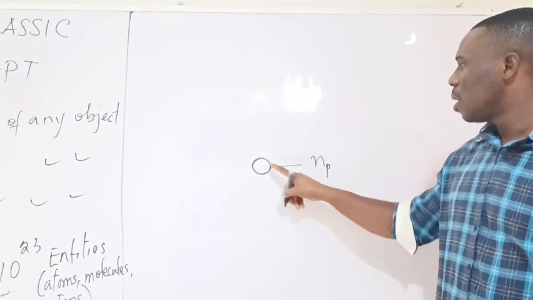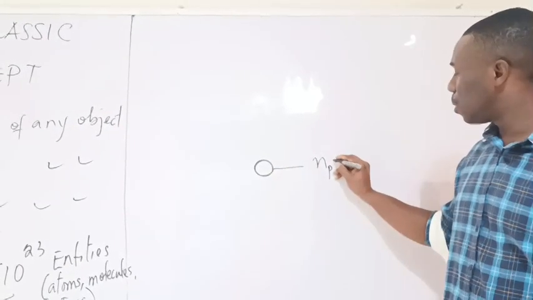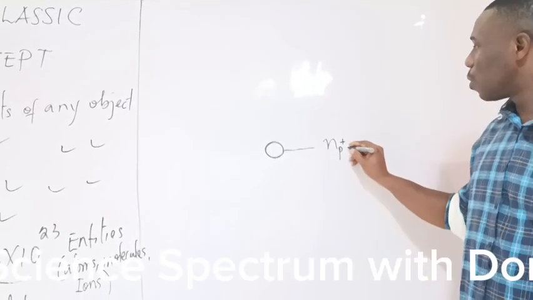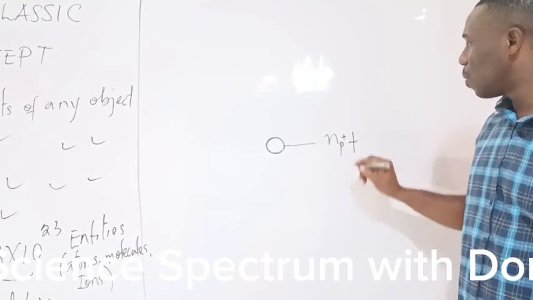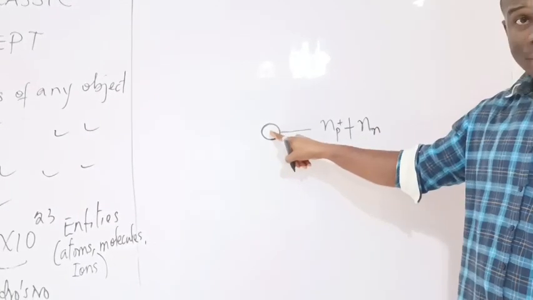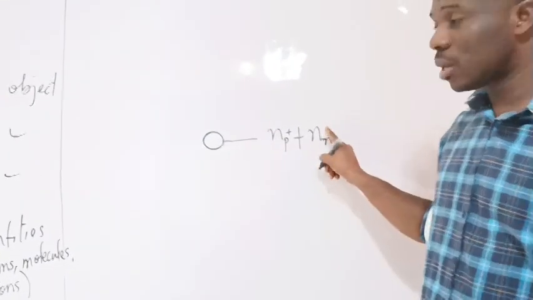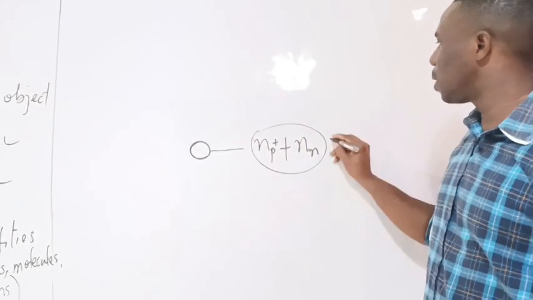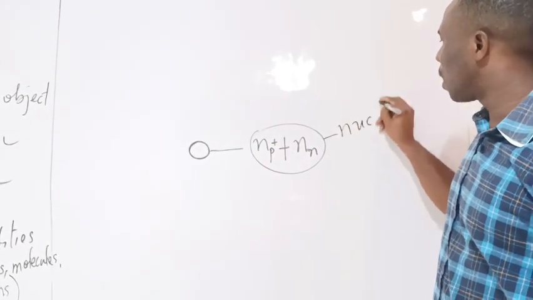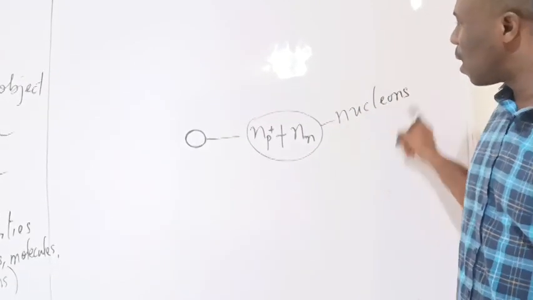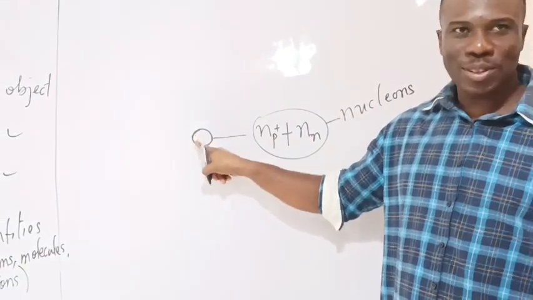In the nucleus, the protons are positively charged. And you also have some amount of neutrons in the nucleus. Neutrons do not have any charge. These particles we call the nucleons, and the nucleons are found in the nucleus of an atom.